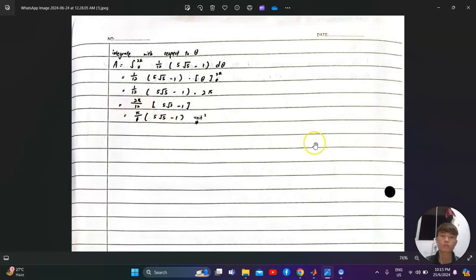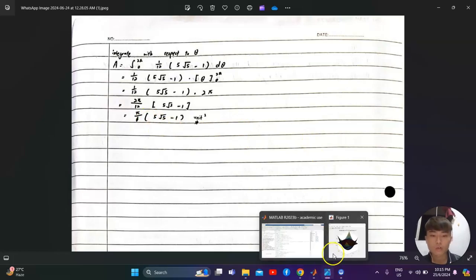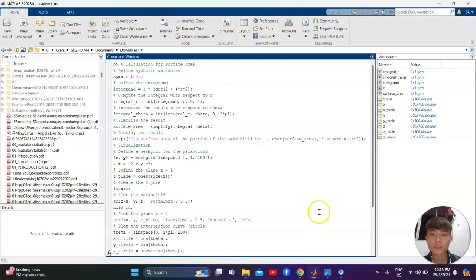So now I will show the software method. Just now I showed the manual calculation, and this is the software calculation. I will use MATLAB to do the software calculation. So now, as you can see, we define the integrand, and r is the radius and theta is the angle.